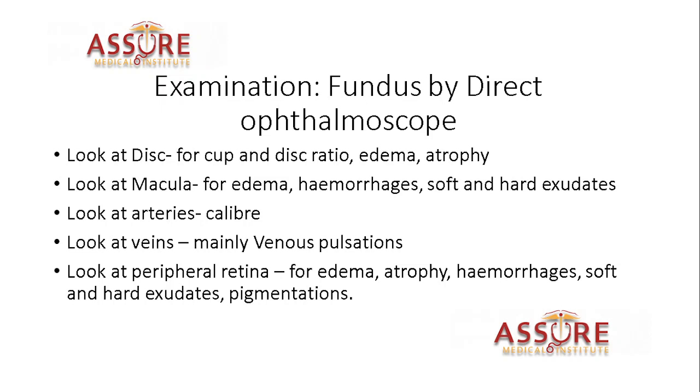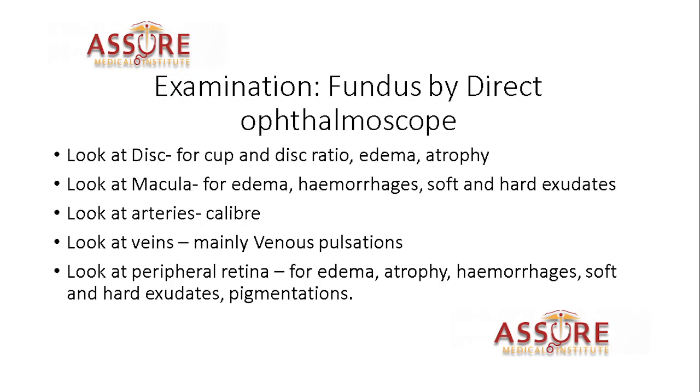Coming to the most important, fundus examination by direct ophthalmoscope, which we usually do at the bedside. What all do we have to look at? We have to look at the disc, macula, arteries, veins, and peripheral retina. For the disc, look at the cup and disc ratio, and look for any edema or atrophy.